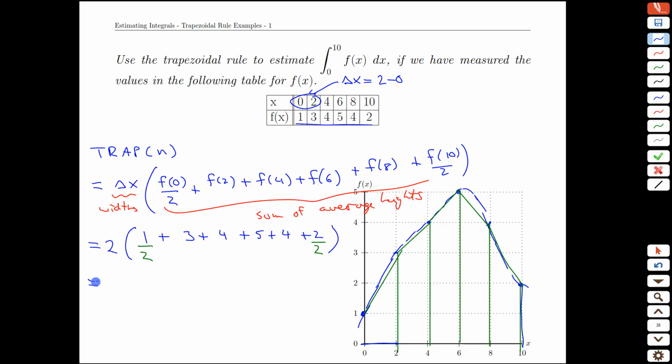Next, we just run the calculations. That gives us 2 and 17.5, and that gives us a total of 35 as our integral value. And again, for a 10 and around 3.5 height, that seems like an entirely reasonable estimate for that integral value.